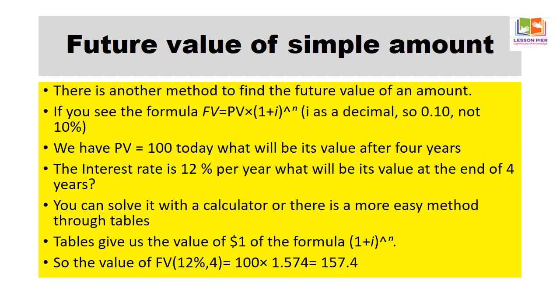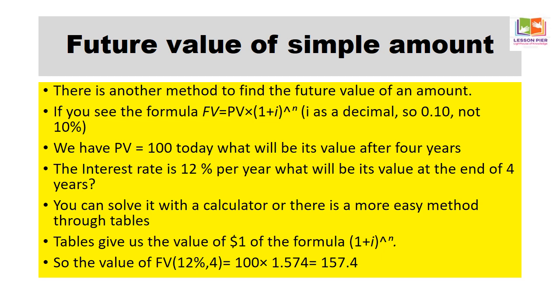To understand this future value of a simple amount, now we'll consider one example. We know the mathematical formula is future value is equal to present value multiplied by 1 plus I, the whole raised to the power n.